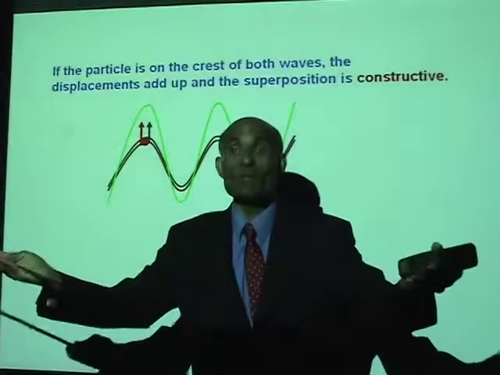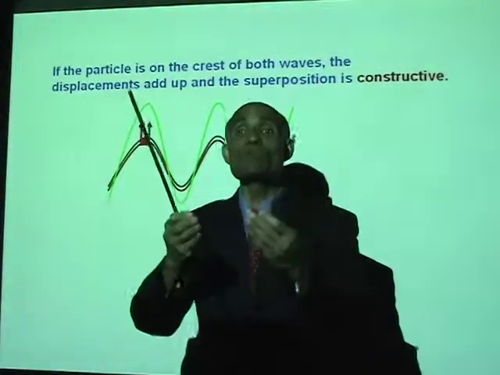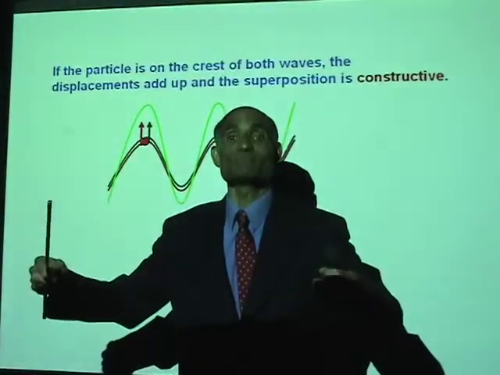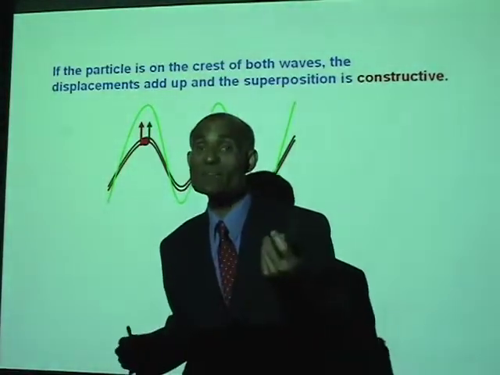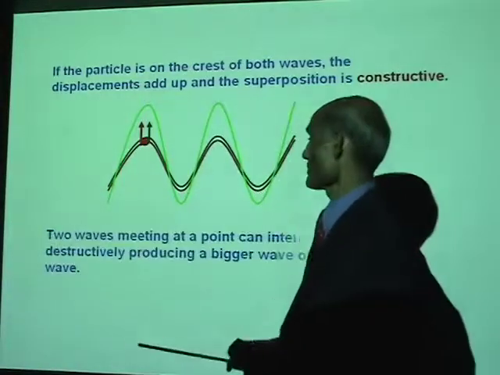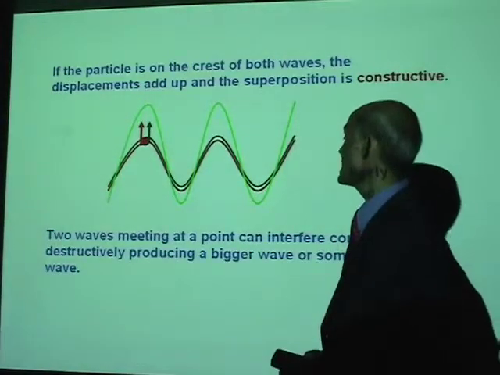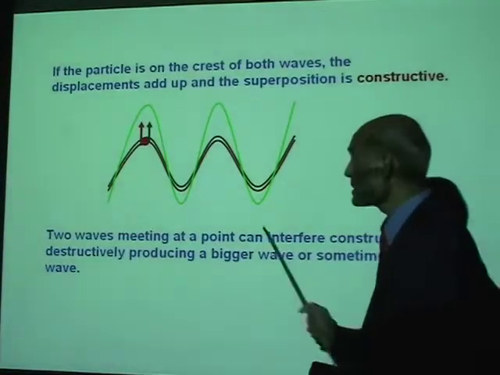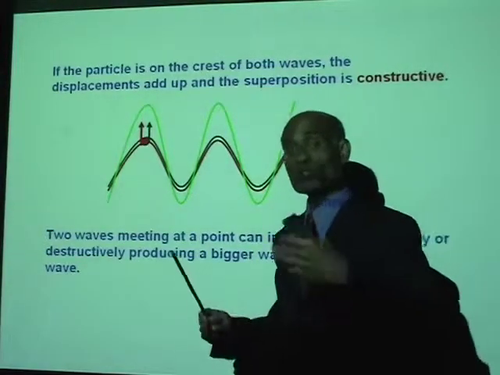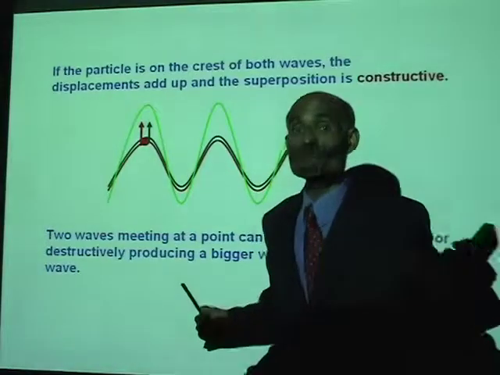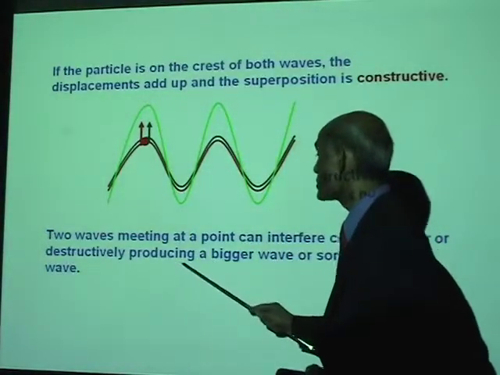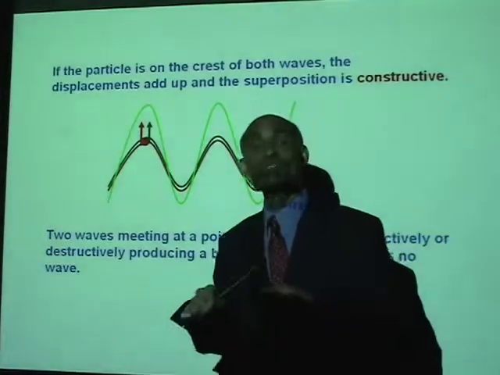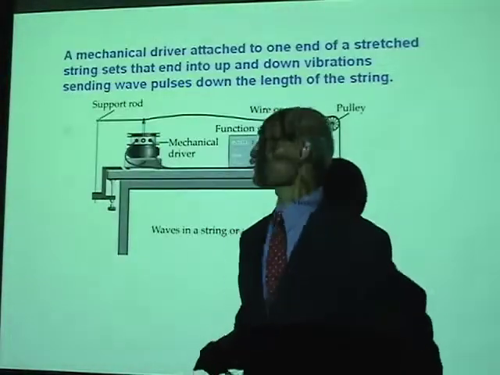You see, a wave meeting another wave produces a much bigger wave when they meet in phase. Okay, so the waves meeting at a point can interfere constructively like this, or destructively like we saw in the previous slide, producing either a bigger wave or sometimes no wave at all.